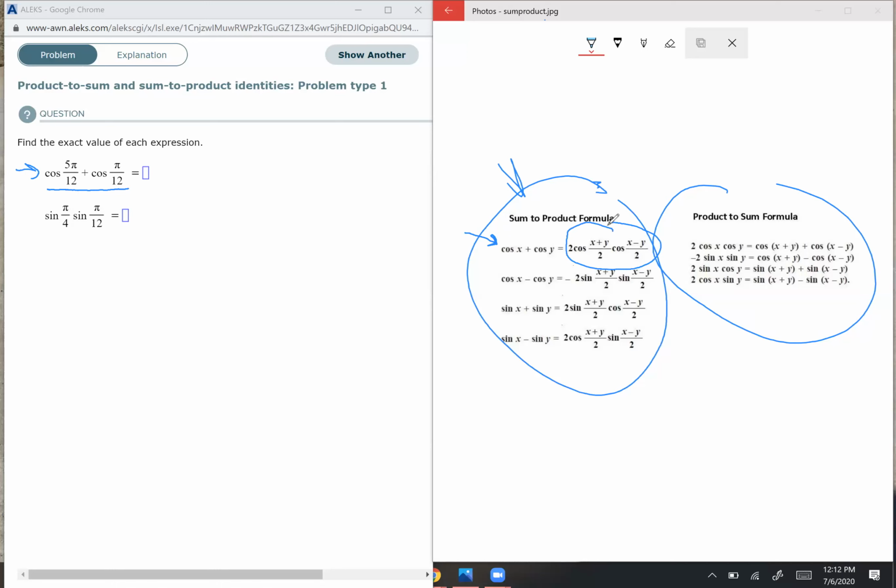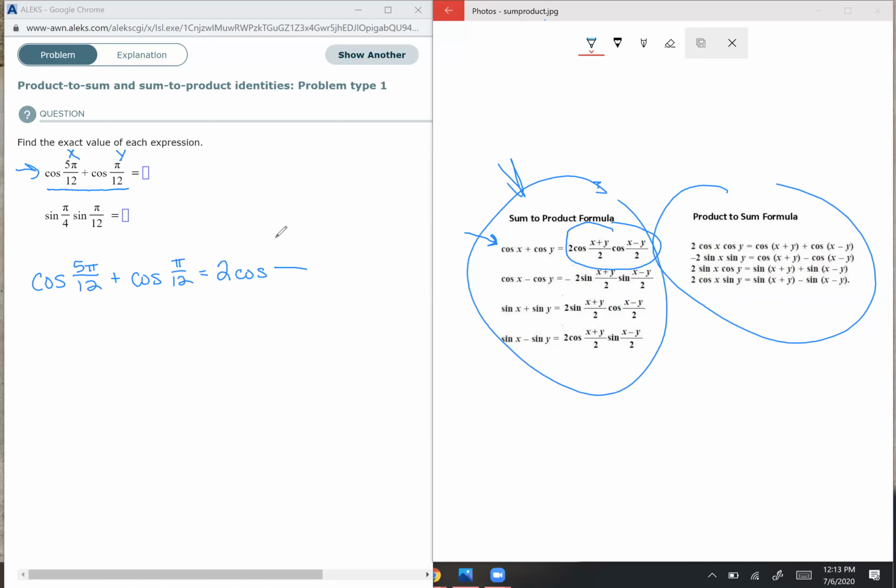So that's what I'm going to do. I'm going to take that cosine 5 pi over 12 plus cosine pi over 12, and I'm going to write it as this product. So it looks like it should equal 2 times the cosine of, now, x plus y over 2. So in our case, 5 pi over 12 is the x, pi over 12 is the y.